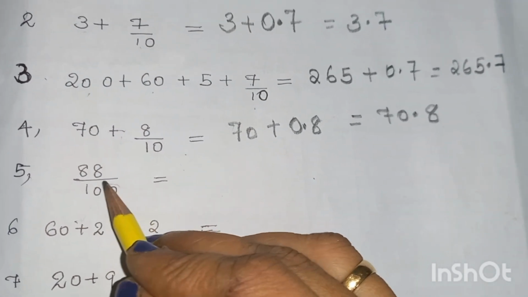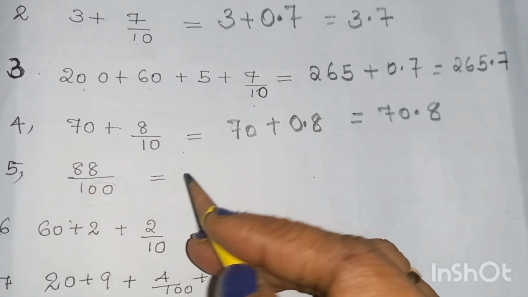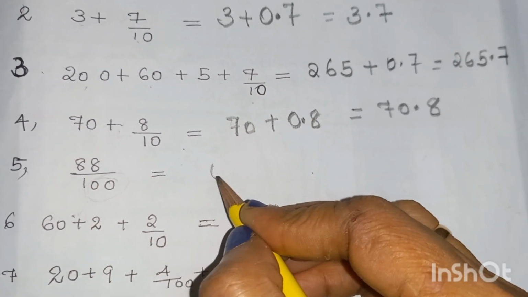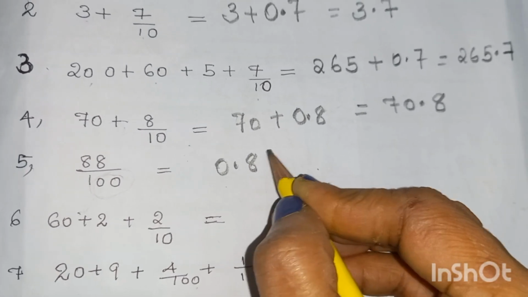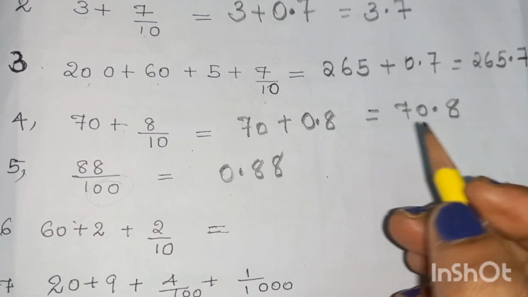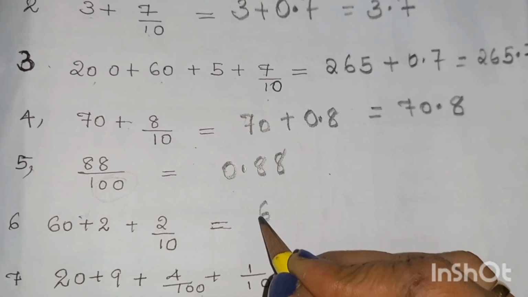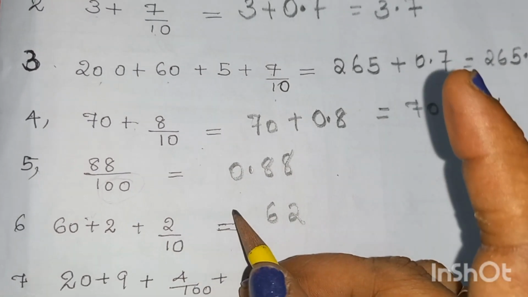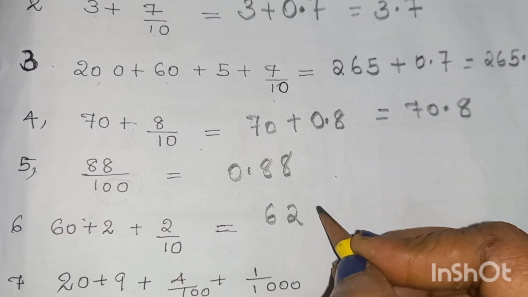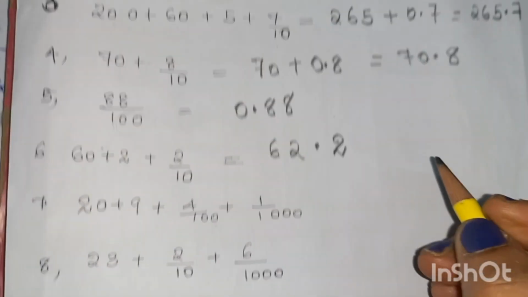In the denominator you can see 2 zeros. So how many decimal places are there? 2 decimal places. So we can write 0.88. Isn't it? Then 62 plus, how many zeros in the denominator? Only one. So we can write 62.2. Okay.